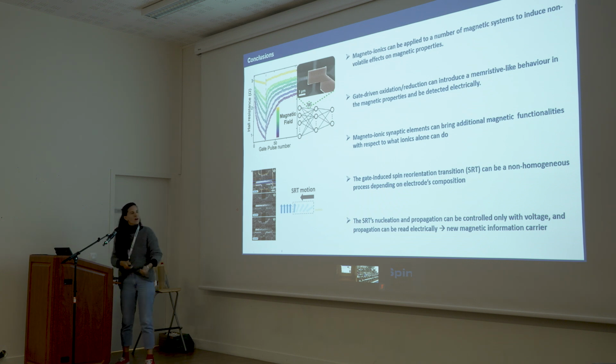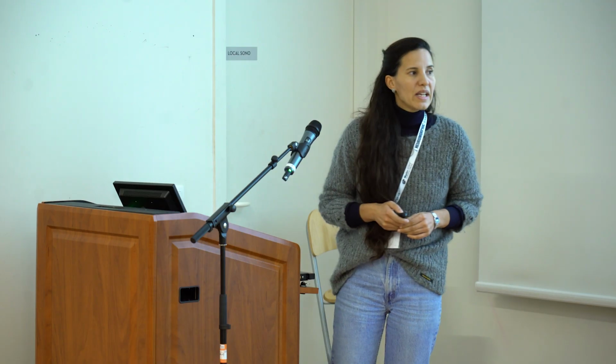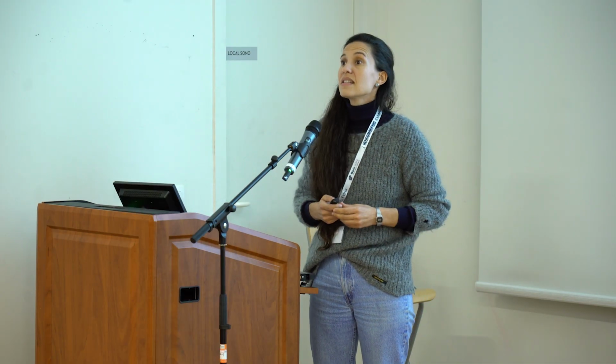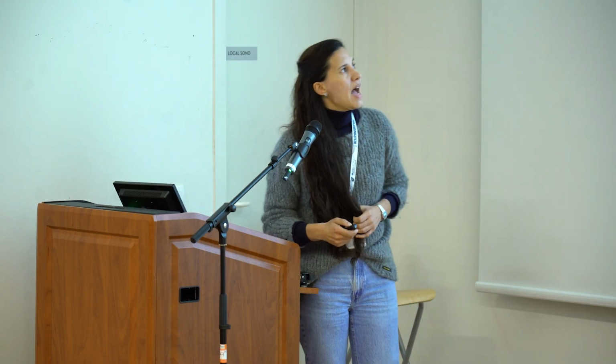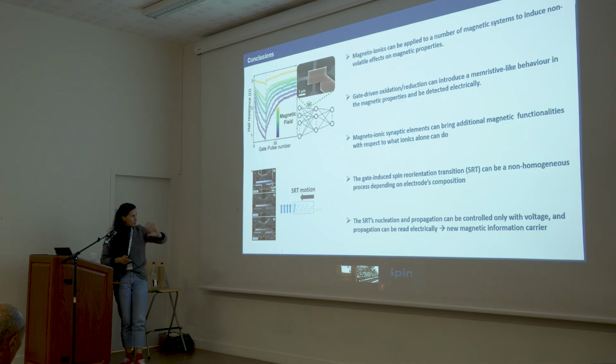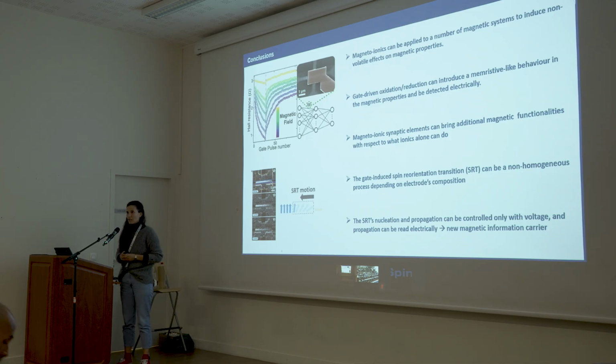I hope I could show you that magneto-ionics has potential for the design of synaptic elements. We're convinced that putting together magnetism and ionics brings an added value to the already well-known things that ionics can do. I didn't show you a lot of different systems today, but it can be applied to many different types of magnetic materials.